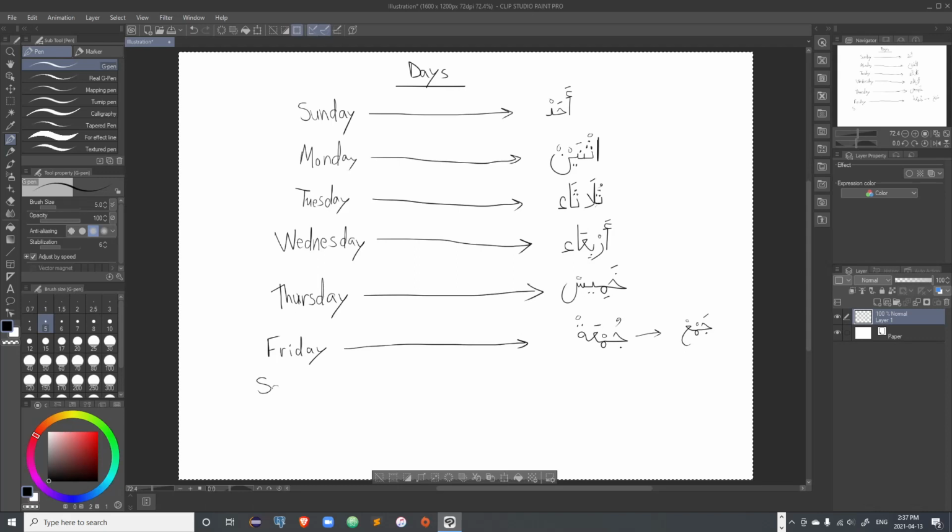Then lastly, Saturday, or the 7th day. This day also has a different name compared to the number 7, and that is Sabt, or as-Sabt. Sabt, from the word subut, which means stillness, and that is when the laws of the universe settled into position, or you could say they settled in stillness.